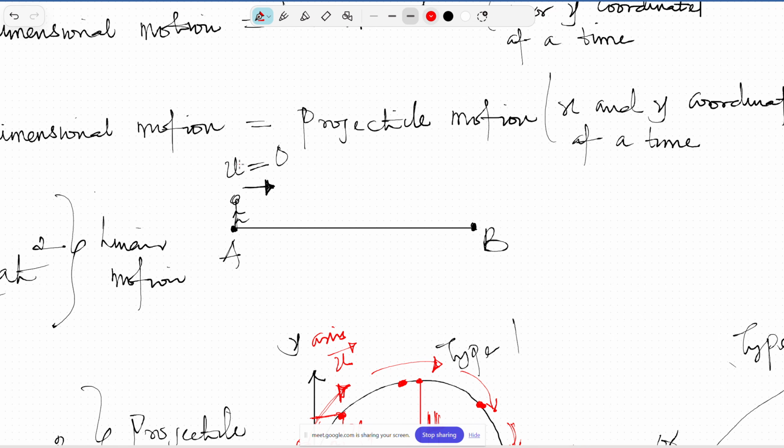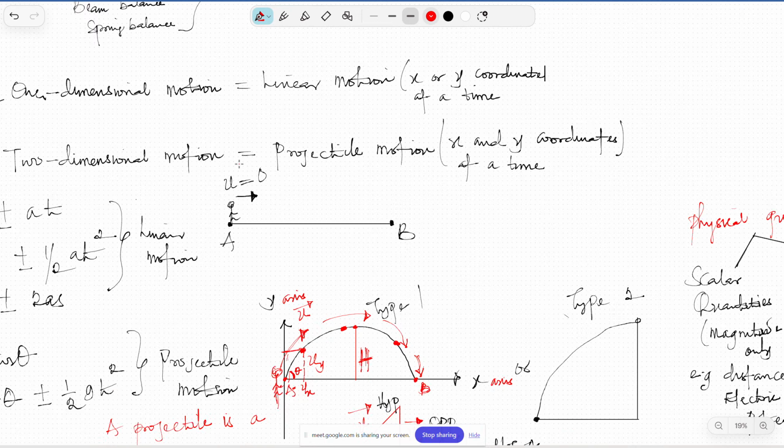Look out for final velocity, time, height, acceleration, everything. All of those will point you in the direction of which linear motion formula you should apply. Do we understand what I'm saying? Yes, sir.